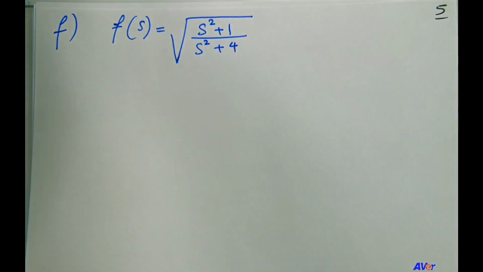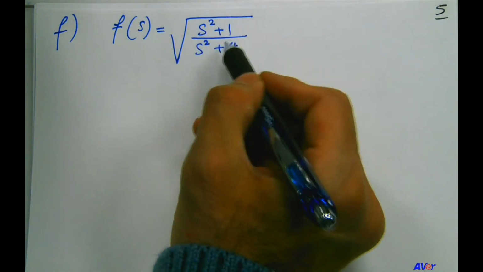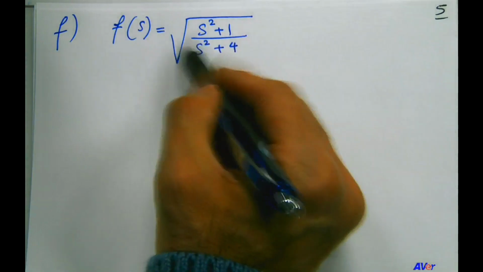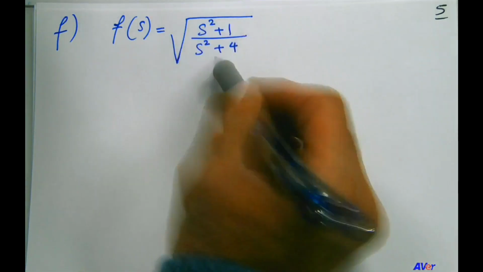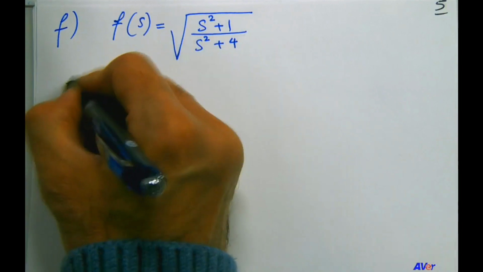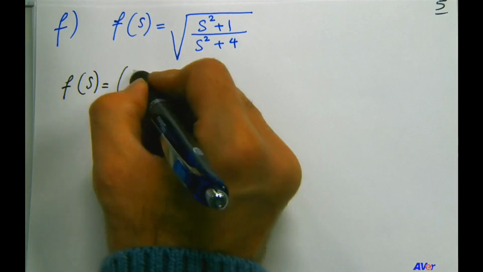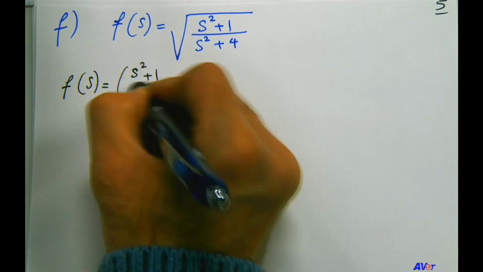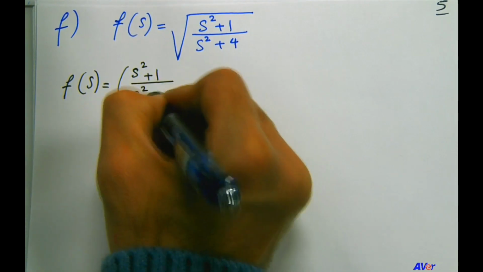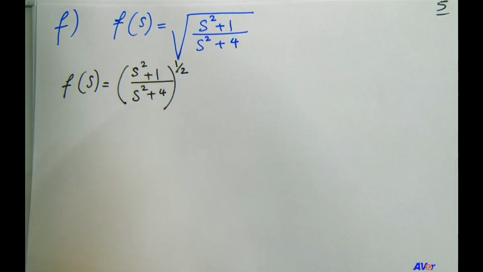The first thing we want to do here is rewrite this with a rational exponent, right? Convert this radical expression into an expression with a rational exponent. It's easier that way to find the derivative. So we say (s squared plus 1) divided by (s squared plus 4), to the 1/2 power.